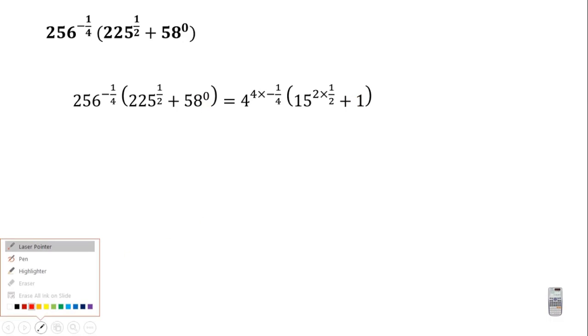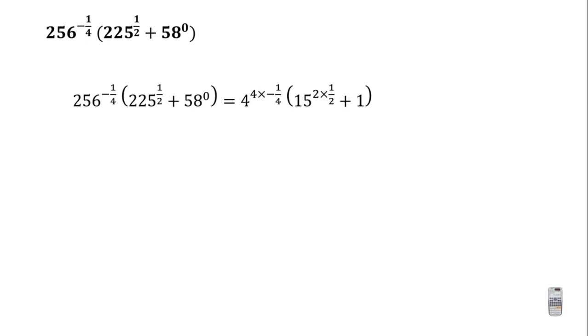We can see from here that 4 cancels 4, 2 cancels 2. So you see that I changed these numbers to index form such that the index will be the same as the denominator of the fraction. So here the index is 4, the denominator is 4, so 4 and 4 will cancel.